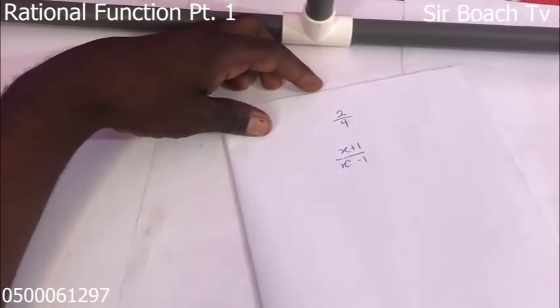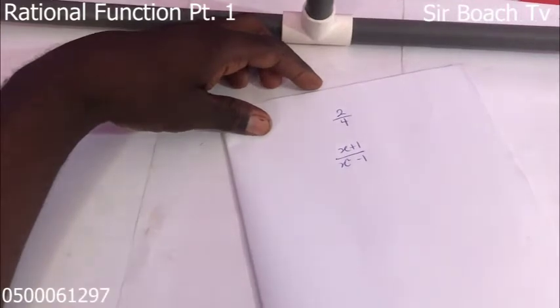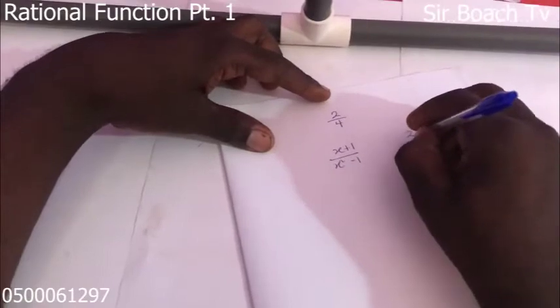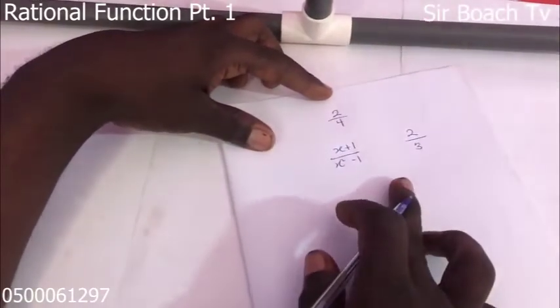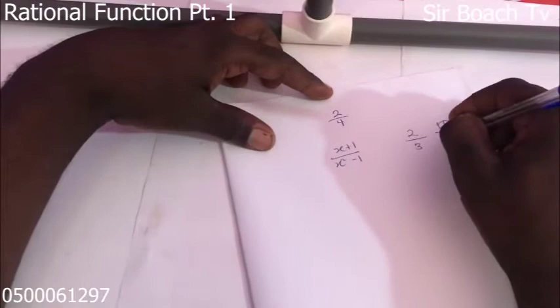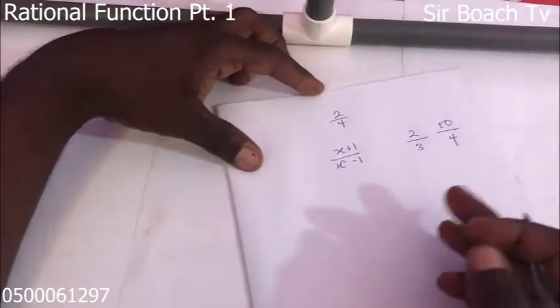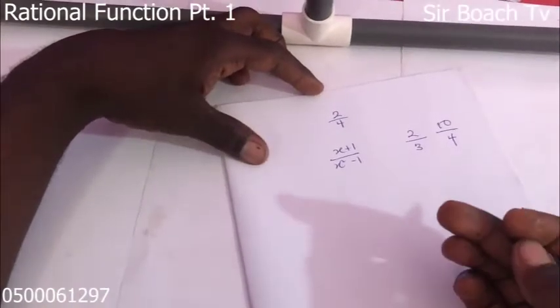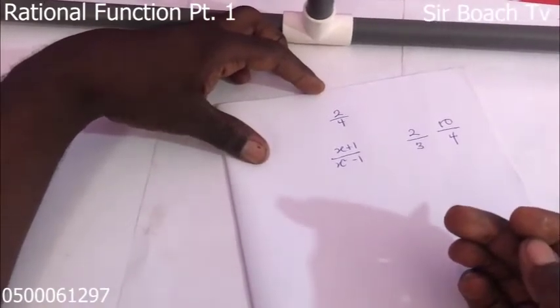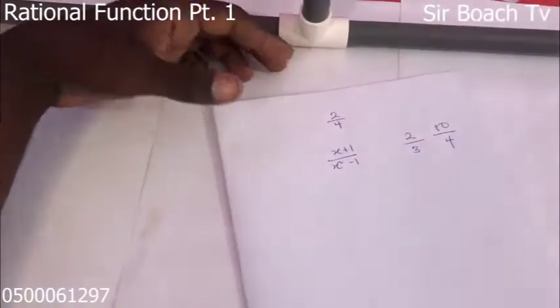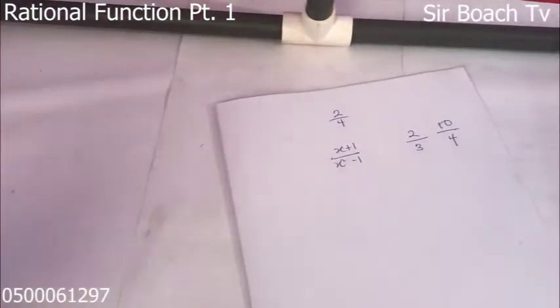Now, as we know, for fractions we have proper and improper fractions. If we have 2/3, we call this a proper fraction, and if we have 10/4, we call it an improper fraction. Why do we call it improper or proper? The example I give is that if you tell your junior brother to carry you, the big brother or big sister, and go to town, what will people say?